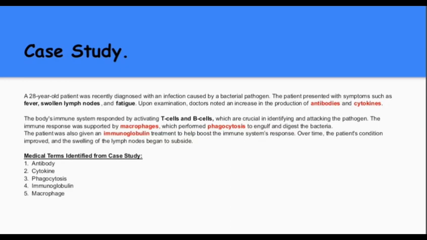The patient was also treated with immunoglobulins. Eventually, the infection improved and the lymph node swelling went down. For this case, I identified 5 important immune system terms that we will break down next.